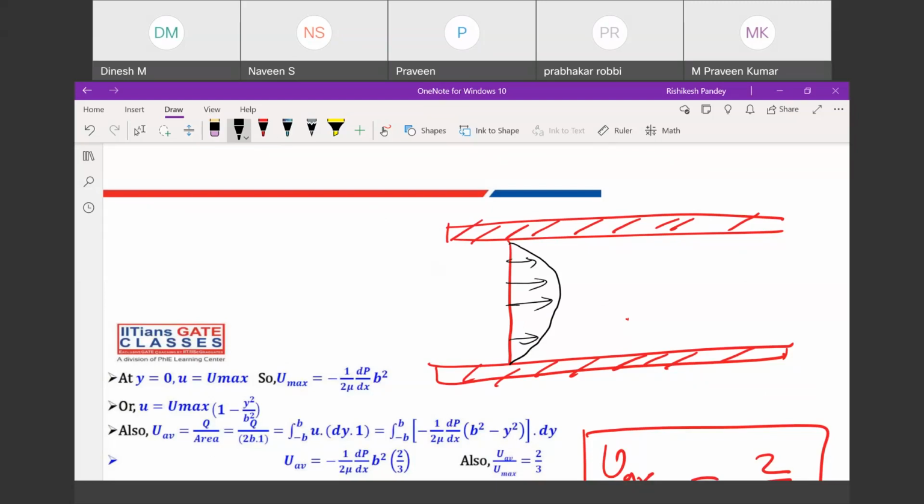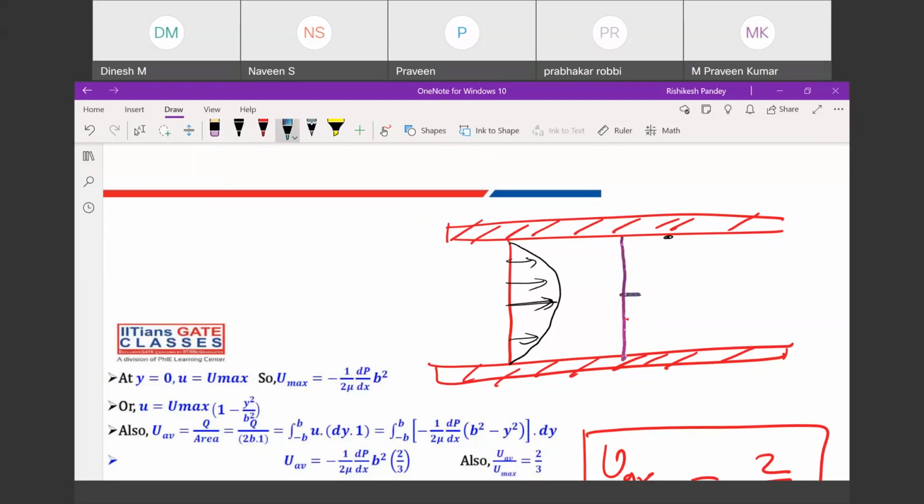In the center we are getting a maximum value. Now we can calculate shear stress also. So shear stress, obviously, where will it be maximum? It will always be maximum at the walls.